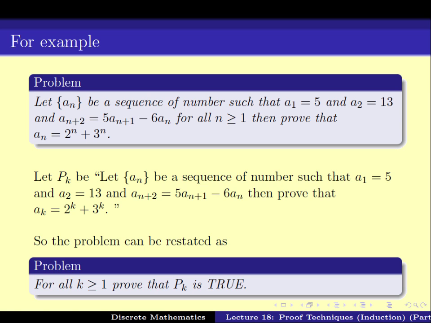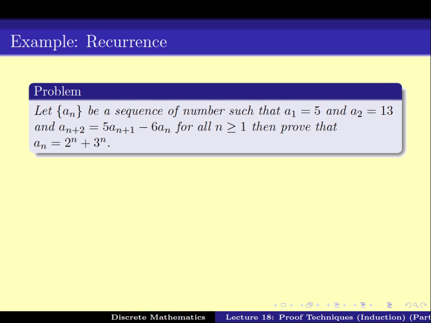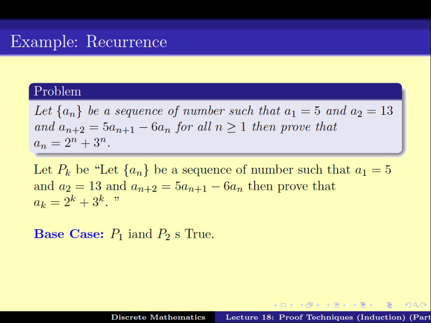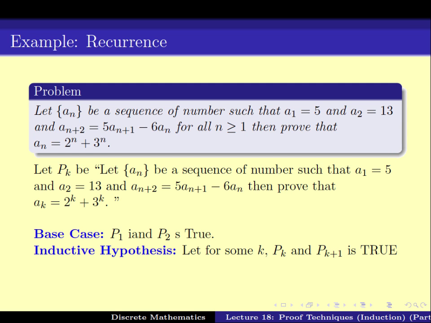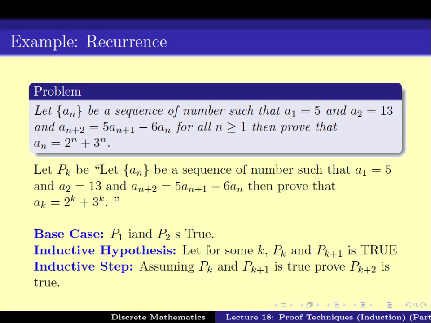Now, if I have to solve this problem, what do we have to do? We have to do these three cases. The base case, where we will prove P_1 and P_2 are true. We will have the inductive hypothesis, which will be: let P_k and P_(k+1) be true, and using that we will prove P_(k+2) is true.